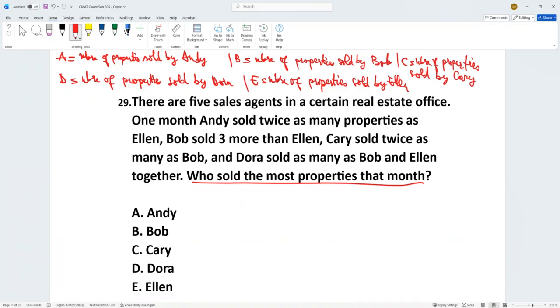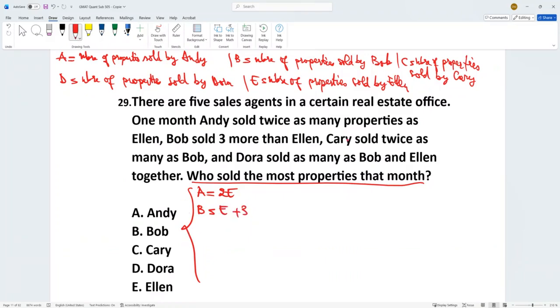Okay, and in the prompt it tells us that one month Andy, which is A, sold twice as many properties as Ellen, so it's equal to 2E. It also tells us that Bob sold 3 more than Ellen, so B is equal to 3 more than Ellen is 3 plus Ellen, or Ellen plus 3, like this, okay?